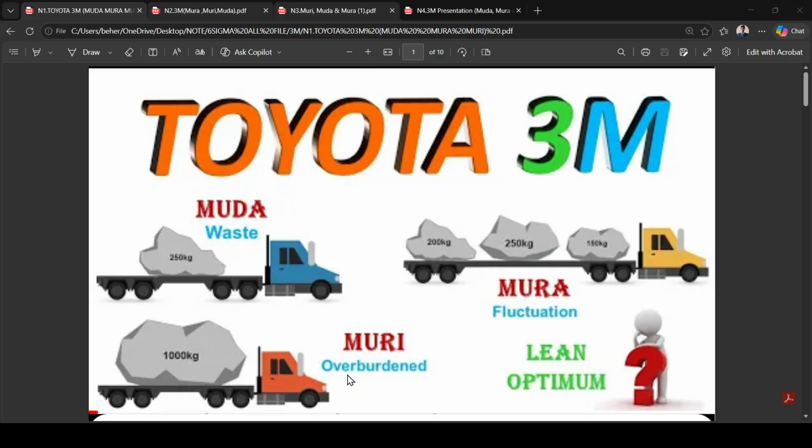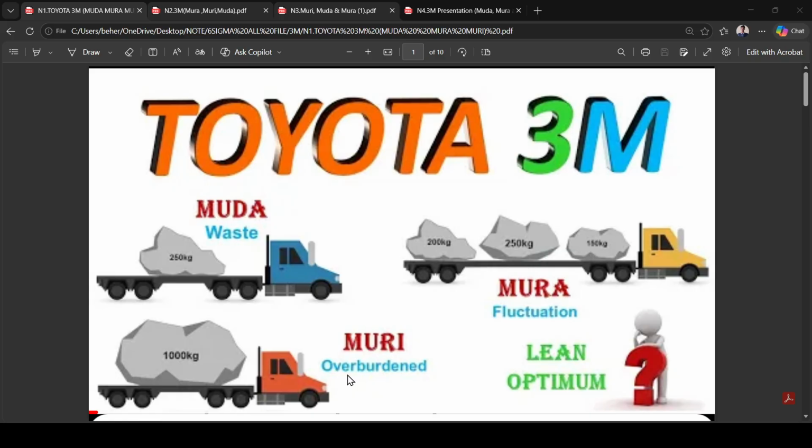So Mura leads to both Muda and Muri. Remember, Mura equals unevenness and it should be reduced by balancing the process.